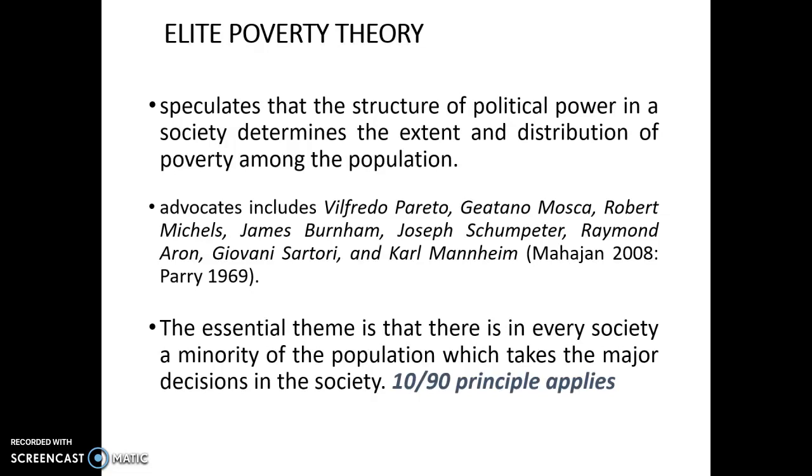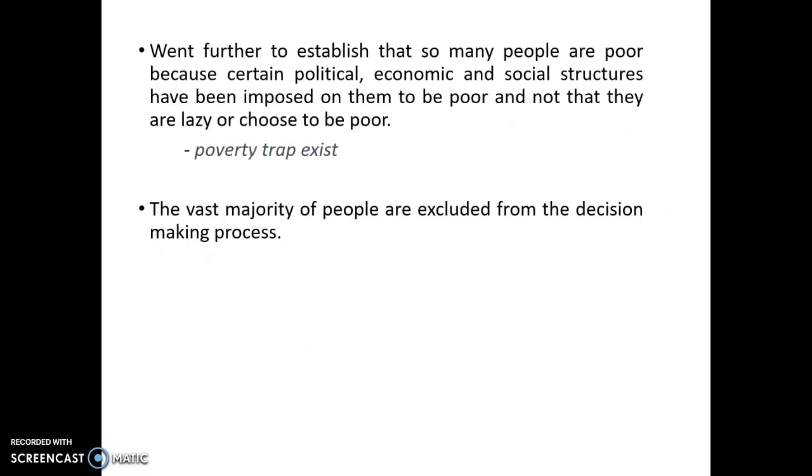The essential theme is that in every society there is a minority of the population which takes the major decisions. So it went further to establish that many people are poor because certain political, economic, and social structures have been imposed on them to be poor, and not because they are lazy or choose to be poor.